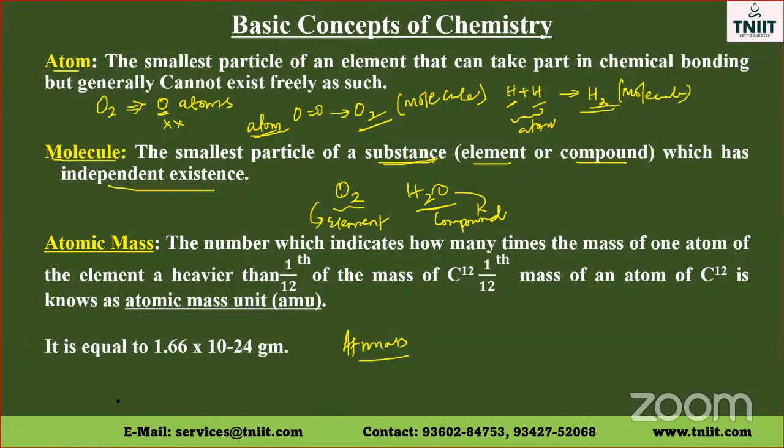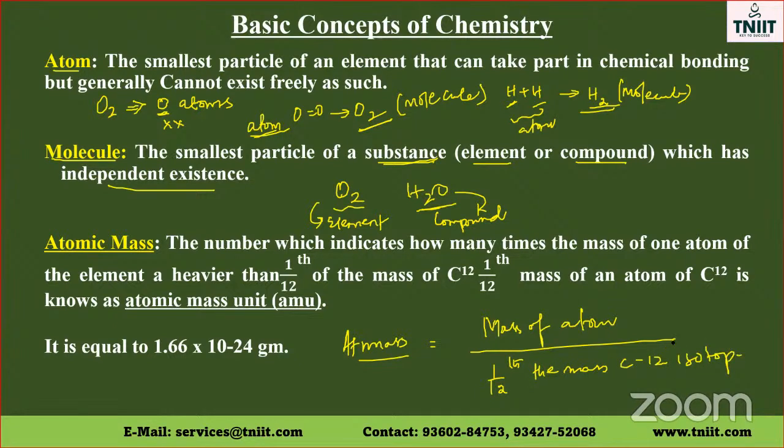So when we say mass of an atom, we define atomic mass as the ratio of mass of an atom to 1/12 the mass of carbon-12 isotope. Now, why are we taking carbon-12 isotope?